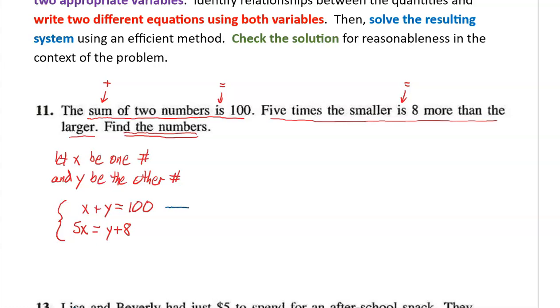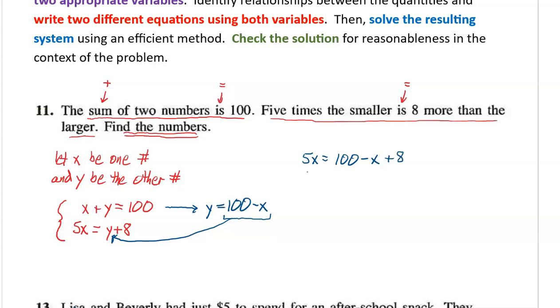I'm going to work with the first equation and subtract x from both sides, getting y equals 100, take away x. Then substitute that expression in place of the letter y in the other equation. So we have 5x equals 100 minus x, and then plus 8.